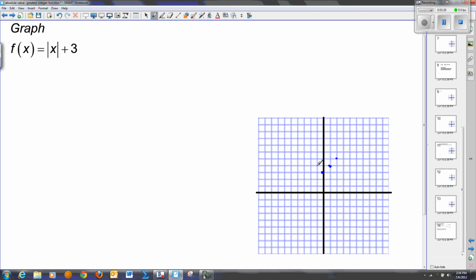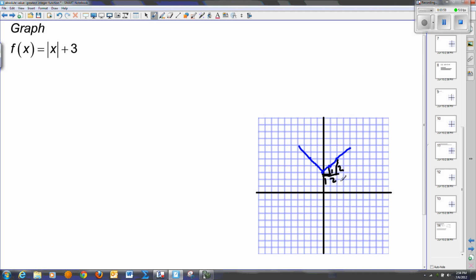5. You'll notice that this general graph has the same exact pattern, and the key word here is pattern, as our previous y equals the absolute value of x graph. I went over 1 and up 1. I went over 2 from that vertex and up 2.